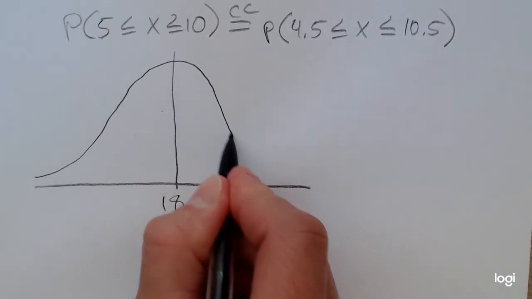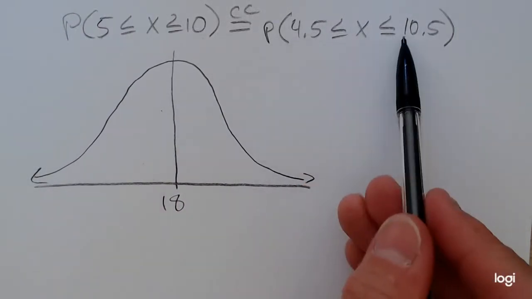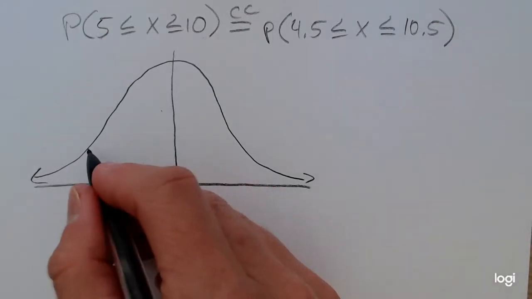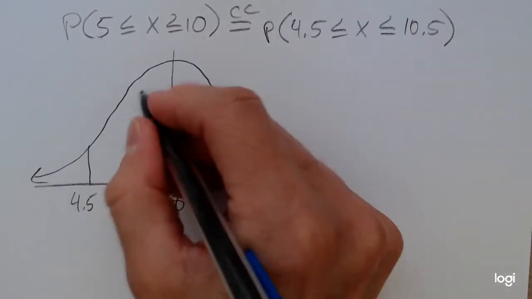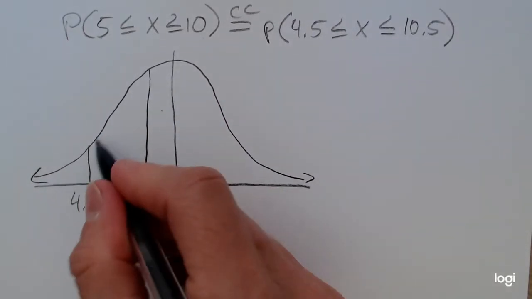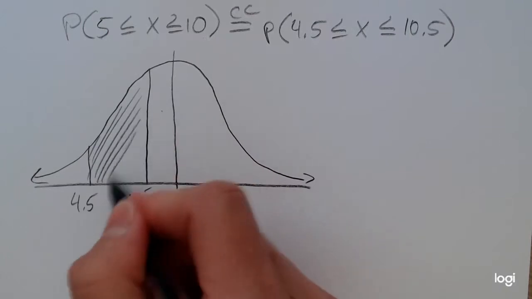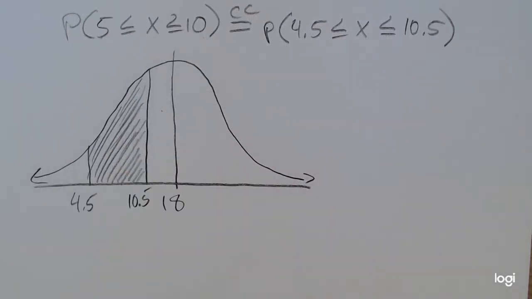I'm trying to make this a little bigger. Now both 4.5 and 10.5 are below the mean. Okay, so I will shade my area that represents that probability statement. So that gives me what my lower bound is and what my upper bound is.